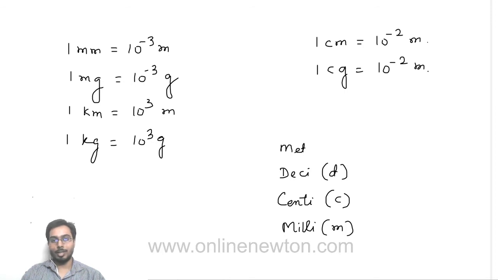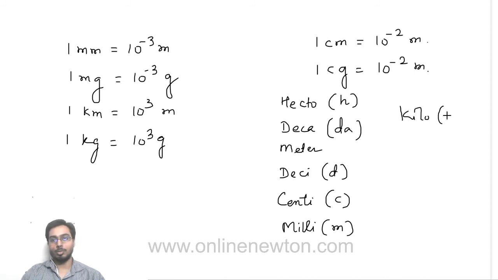For meter or any other unit, you use it as usual. That's why you can see there are two small m's. Then you have decameter, so we use da. Hectometer, we use h. And then you have kilo, which is small k, mind it, capital K doesn't make sense here, small k.